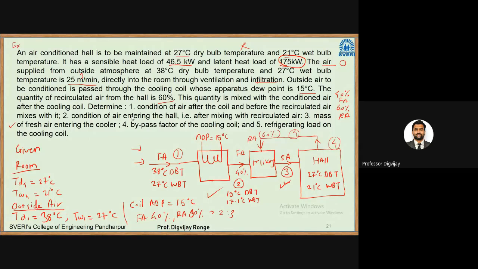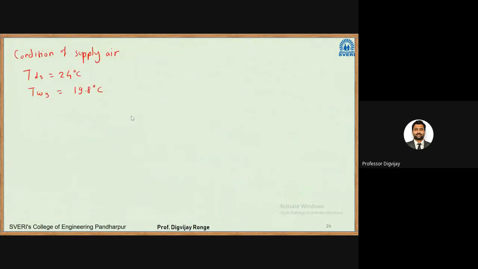So the bypass factor BPF will be equal to TD2, the temperature of air leaving the coil, minus the coil's ADP, divided by the temperature of air entering the coil, that is TD1 minus apparatus dew point.